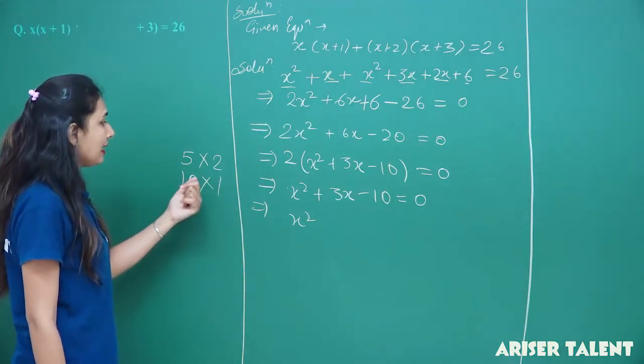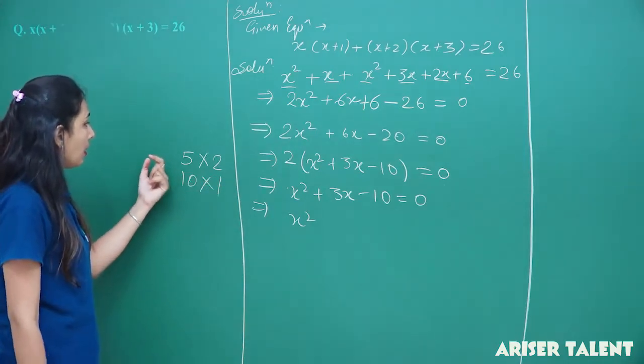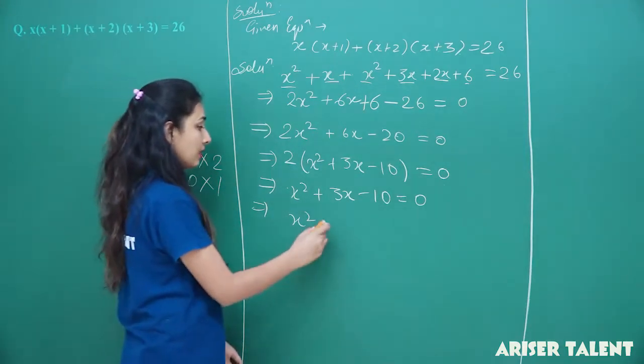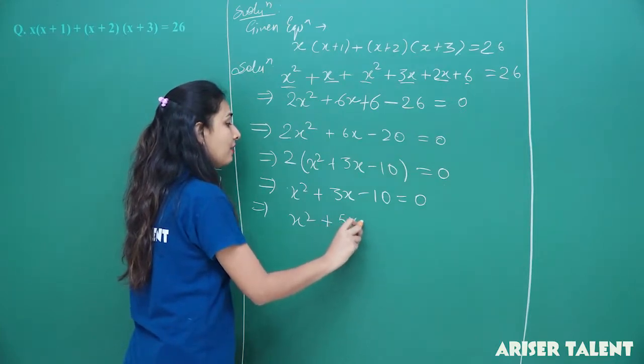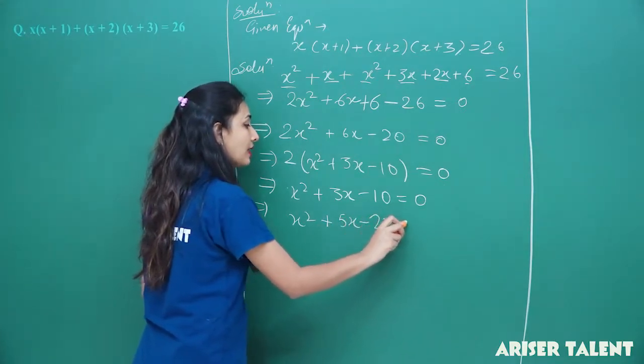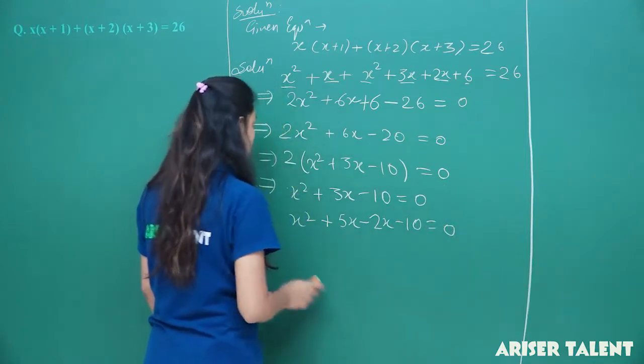Now 10 and 1 can't give us 3, but 5 and 2 can give us 3. That will be x square plus 5x minus 2x minus 10 equals 0.